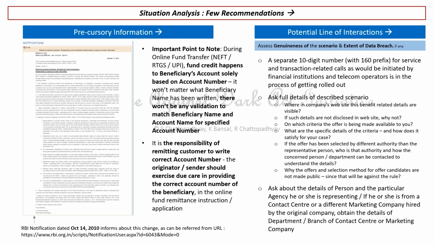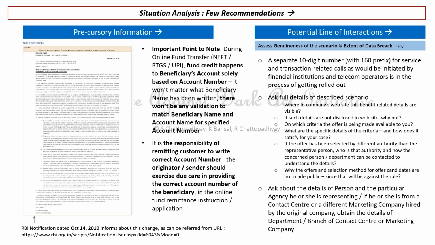So towards this line of interactions, if you are not interacting with the person physically, and it is a call that has been made to you, you need to be aware that a Government of India initiative is about to get rolled out. After this rollout, there will be a 10-digit number starting with the 160 prefix for service and transaction related calls initiated by financial institutions.